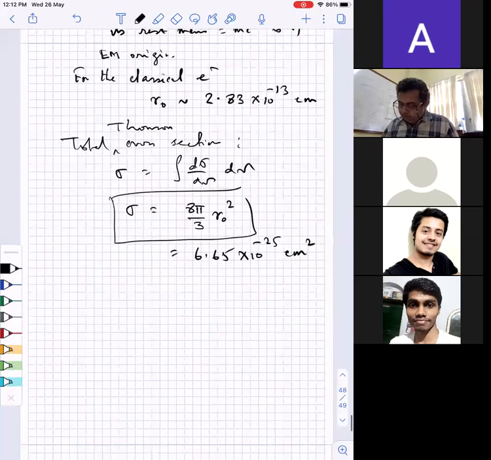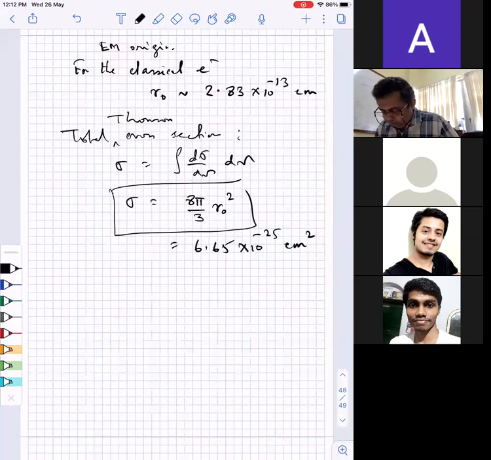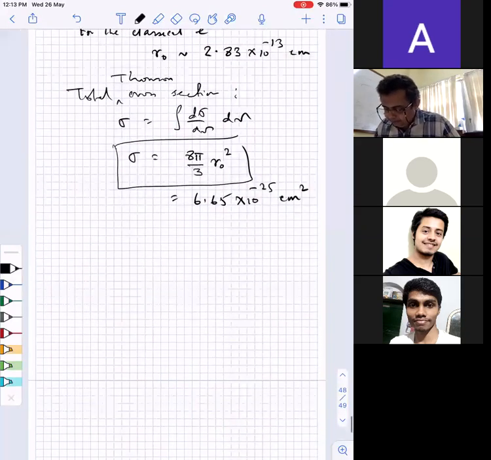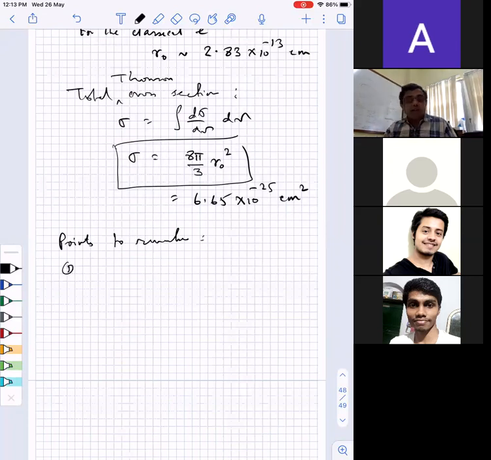Okay, so the first points to remember is this. First is that the cross section, the d sigma by d omega, or the sigma, does not depend on the frequency. Okay, so your d sigma by d omega, or sigma, are frequency independent.